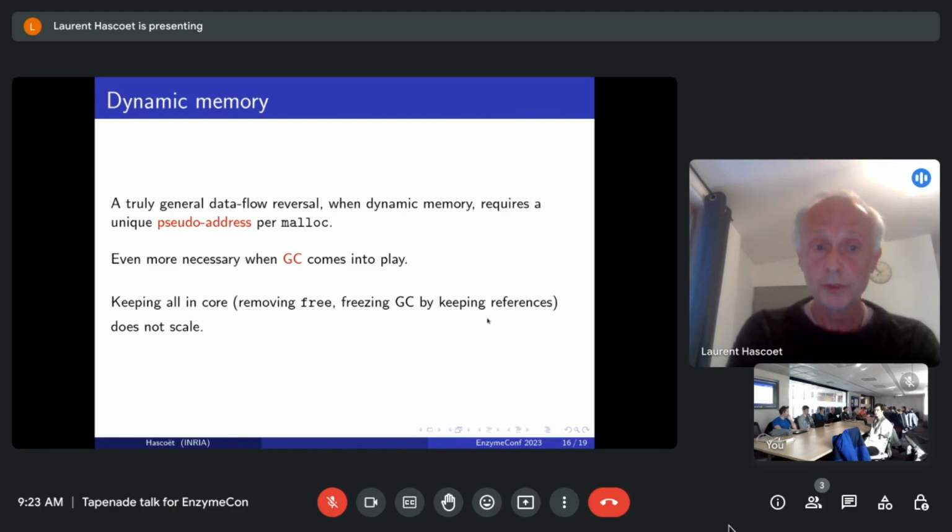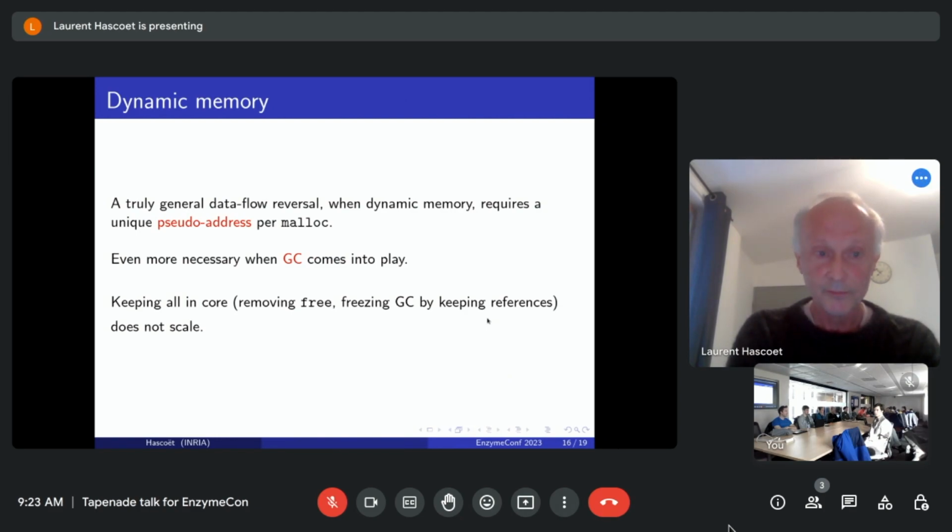The only solution I can think of is to use a pseudo address that you attach to each allocation point, each malloc at runtime. It makes a source transformed gradient rather complicated to read. It works, but it's very hard.